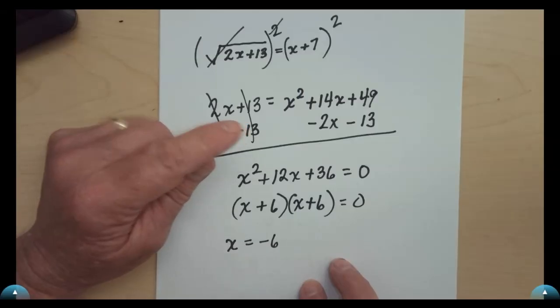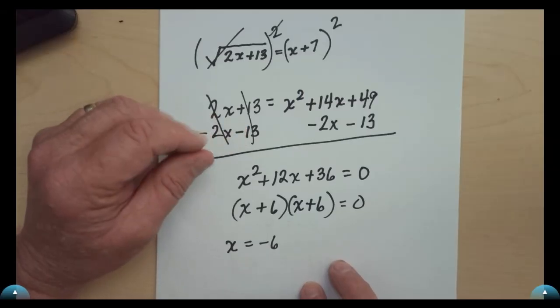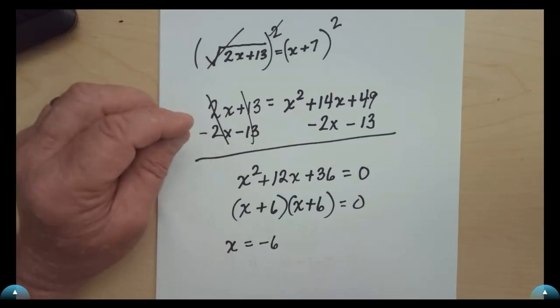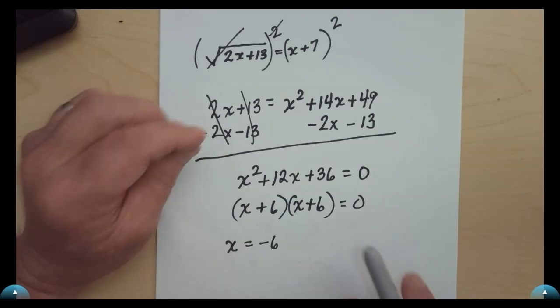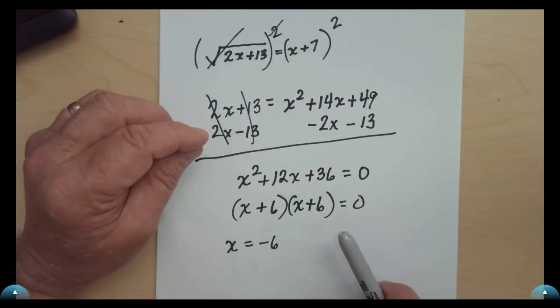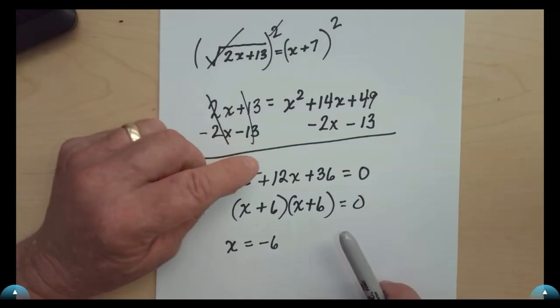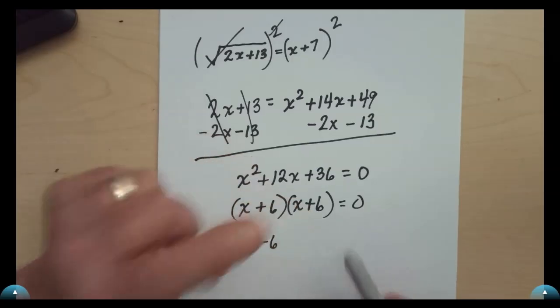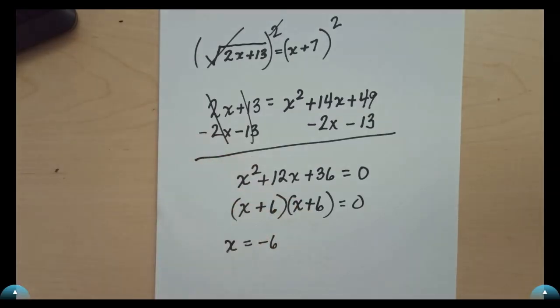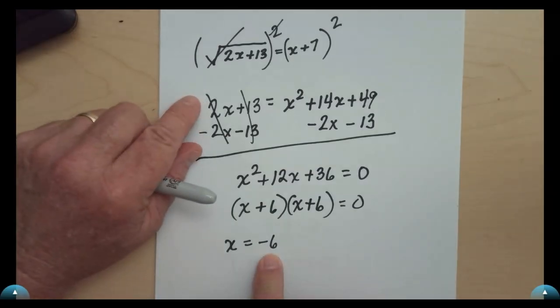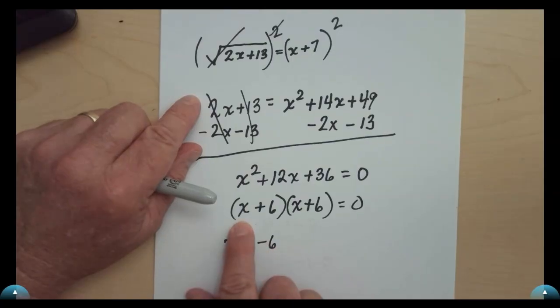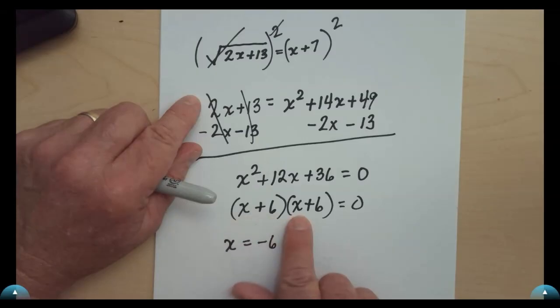But there is a caveat. There's a little disclaimer there. It says that any polynomial equation will have the exact same number of solutions as the degree of the equation, but they're not necessarily all distinct. In other words, for that rule to be true, we have to agree that if we get something like this, x plus 6 squared, we only have one solution, -6, but notice the factor that causes it to be a solution got repeated 2 times.